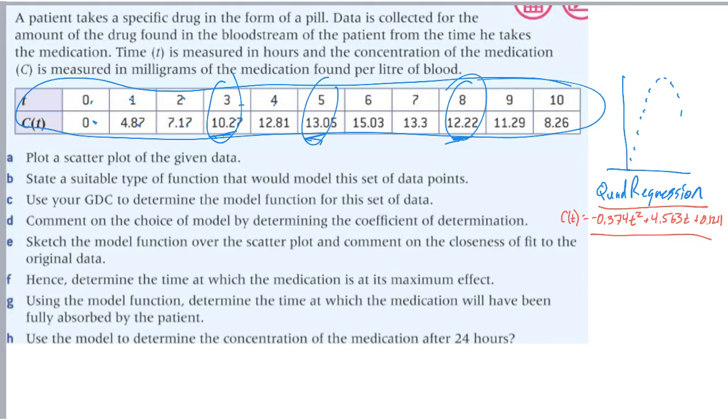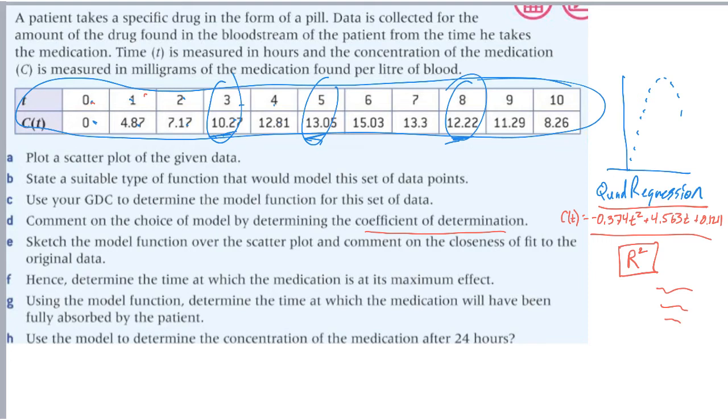You should get something like that when you do your quadratic regression. If you don't get that, double check and make sure that you put in all the numbers correctly. Okay, the next question is to comment on the choice of model by determining the coefficient of determination. That is the r squared value, which should automatically show up when you do the quadratic regression. It'll give you the equation, but then it gives you some other things down below.